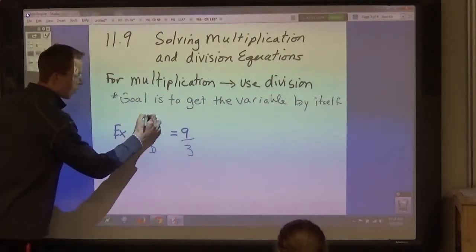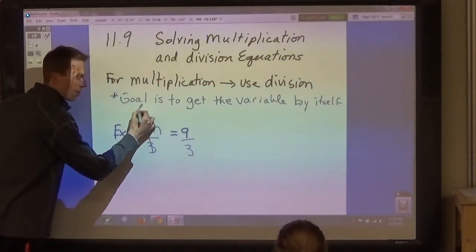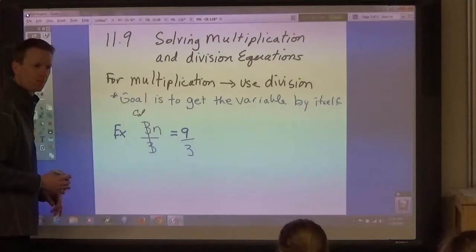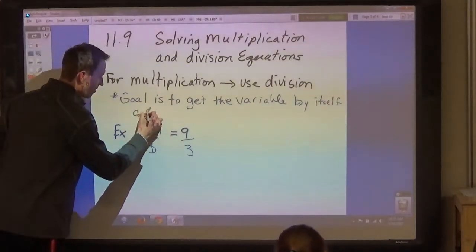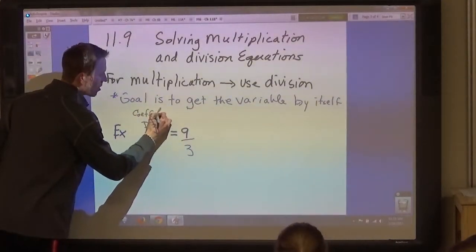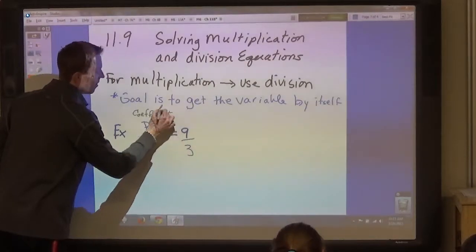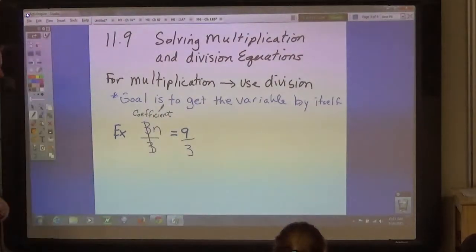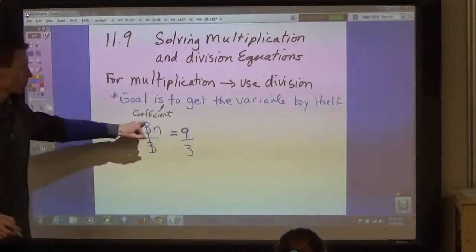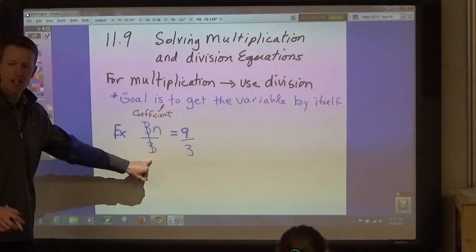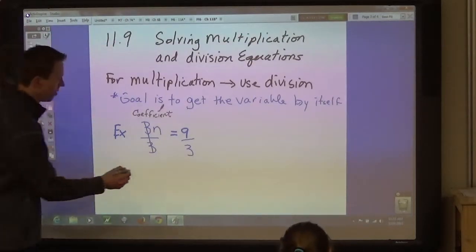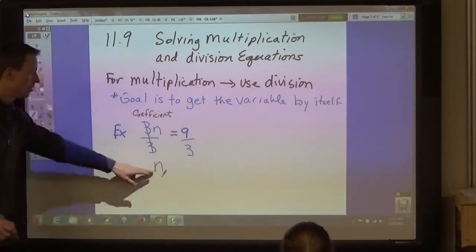We call this number what? The coefficient. What does the coefficient tell us? It tells us how many n's there are. Exactly. If there's 3 n's and we divide by 3, now we have 1n, where you can just write n.